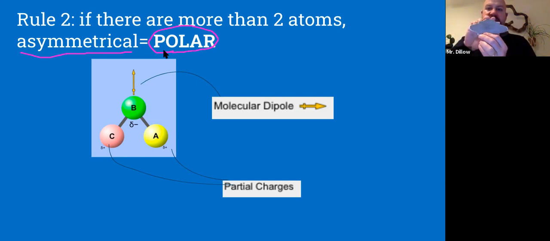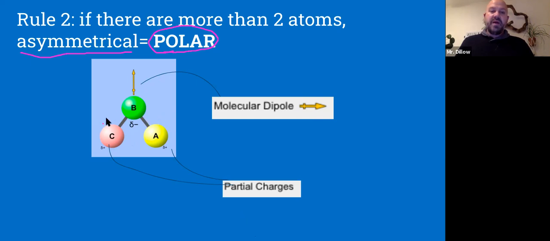You can flip this direction and this direction. So that's the mental test. If you can take a molecule and flip it around in your head, up and down, and it looks the same no matter what you do to it, then it is symmetrical. If it is asymmetrical, then the more electronegative atom, in this case it's B, is going to be the overall sum.